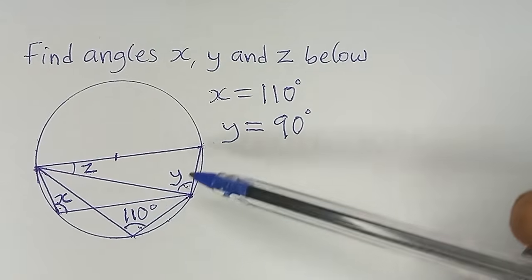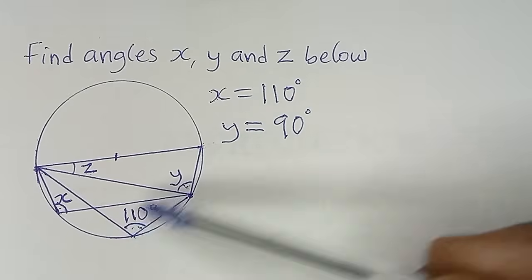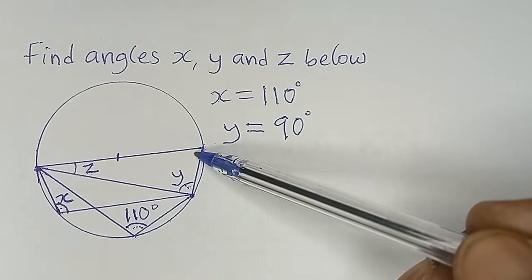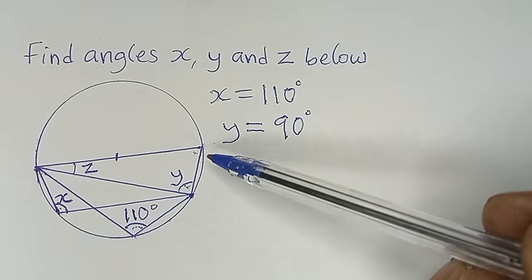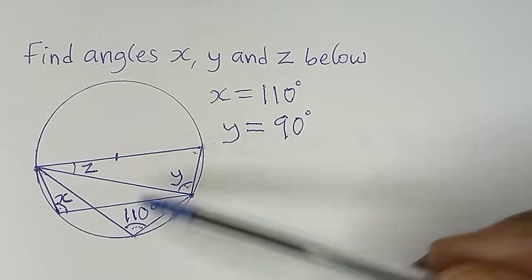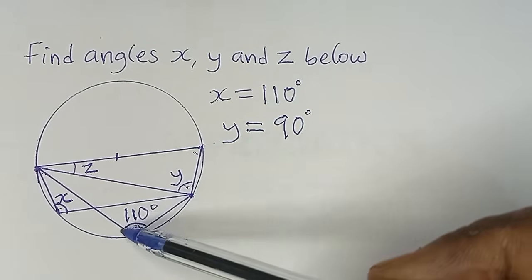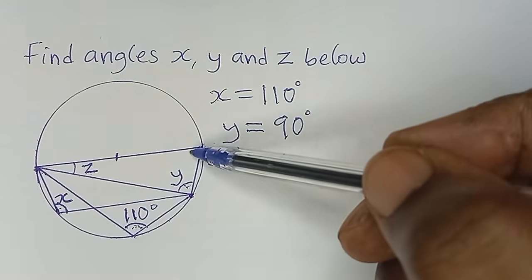From that theorem, we know that the opposite angles of a cyclic quadrilateral are supplementary. Supplementary means they add up to 180 degrees. This 110 is opposite to this angle.